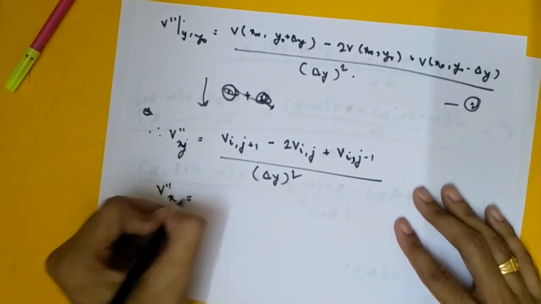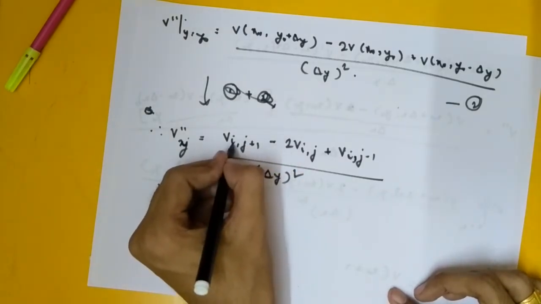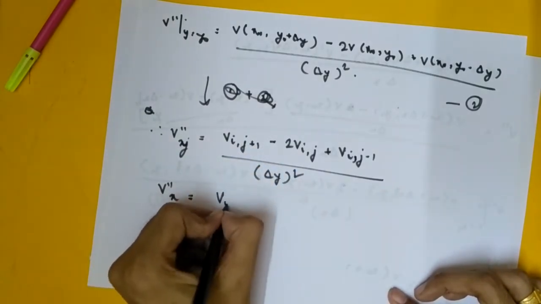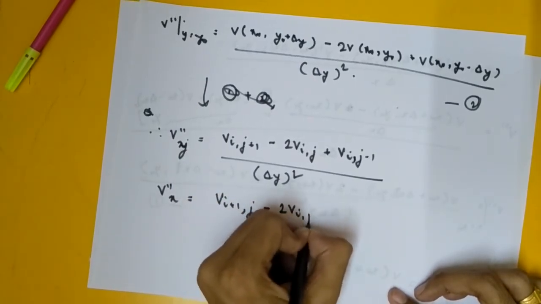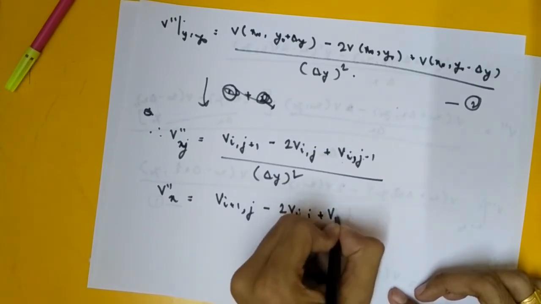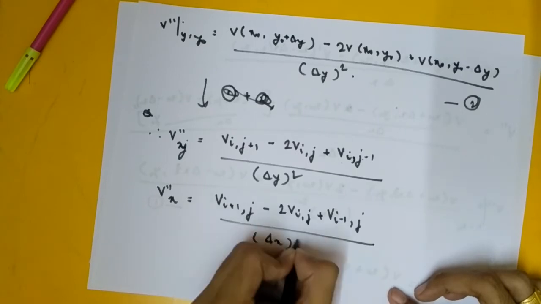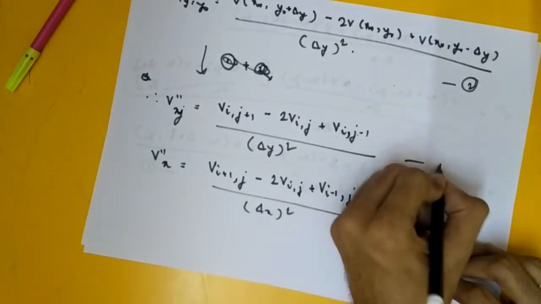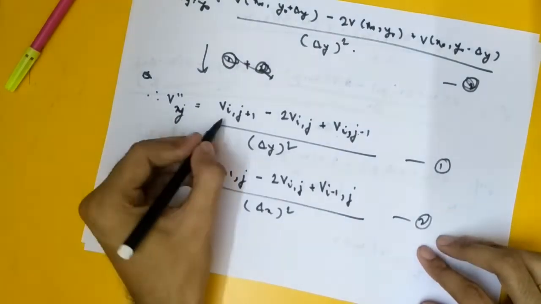Similarly we can write for x, it will be just i plus 1 here, j here. So v i plus 1 comma j minus 2 v i comma j, plus v i minus 1 comma j, upon delta x the whole square. Okay, so this is 1, this is 2. So if you add this, what will happen?